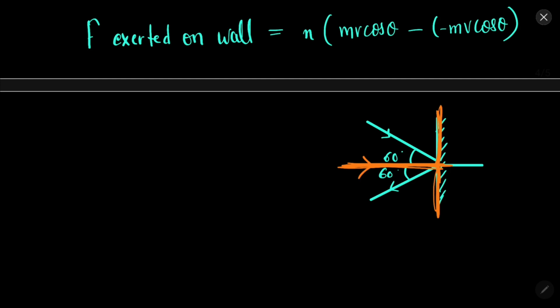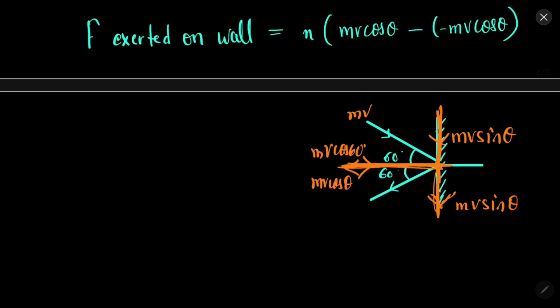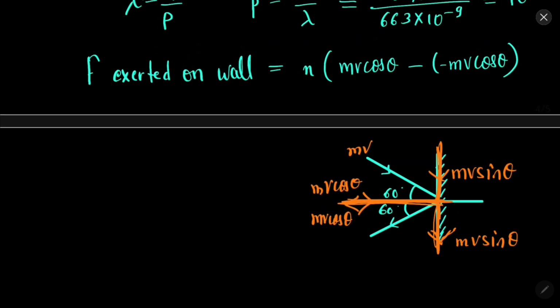Let's say this is mv, so this component will be mv cos theta, and this component will be mv sin theta. Similarly, this one is going this way, so mv cos theta in the opposite direction and mv sin theta, like this. So they are in opposite directions, so because of that, final momentum minus initial momentum.